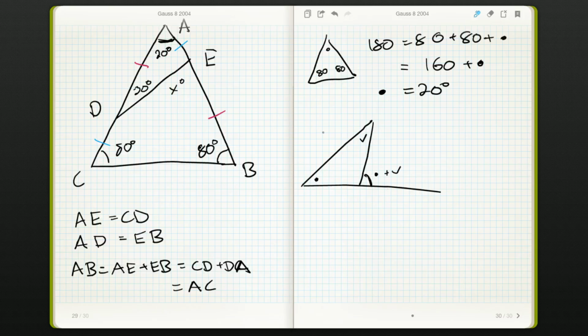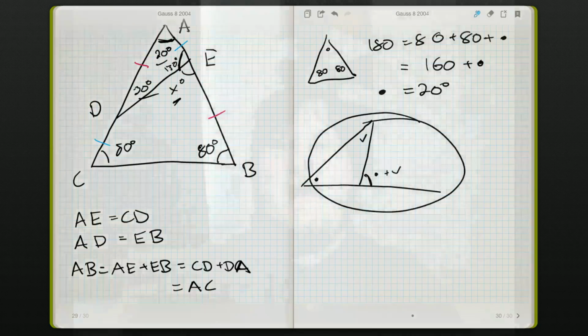If you don't want to do it that way, you can say, okay, I've got the 20, I've got the 30, I can figure out this angle here is 130 degrees, and then the angles AED and DEB have to add up to 180 degrees, and so the x will be 50. But this is just a shorter way of doing it, and it's something you should know.